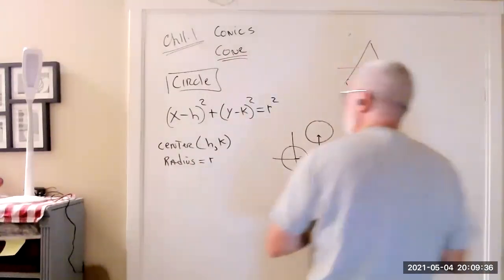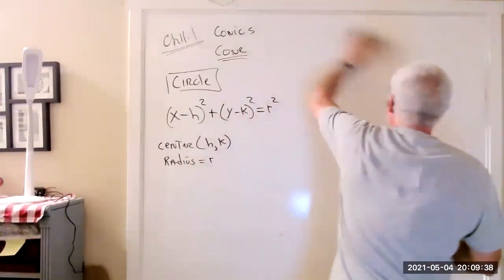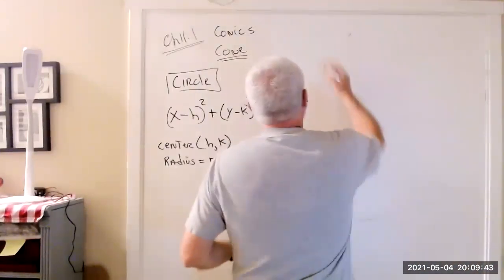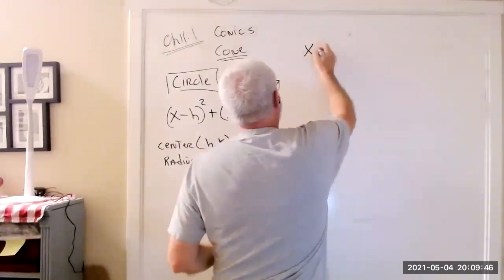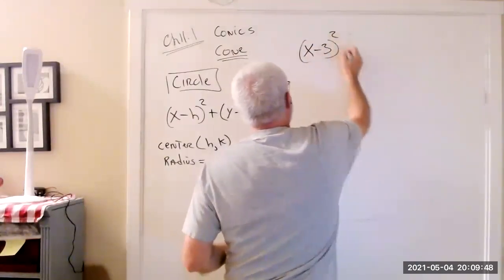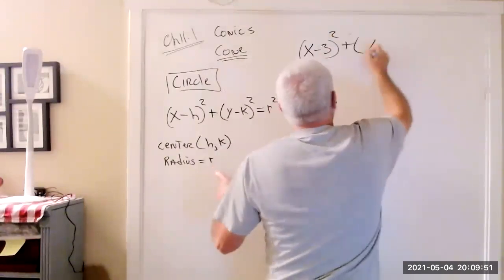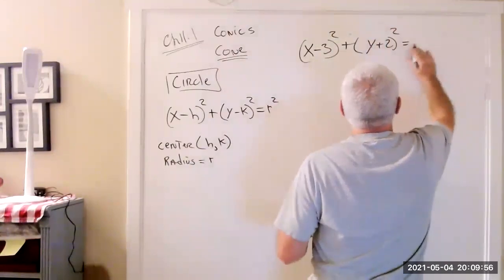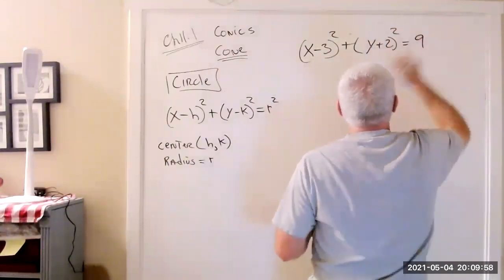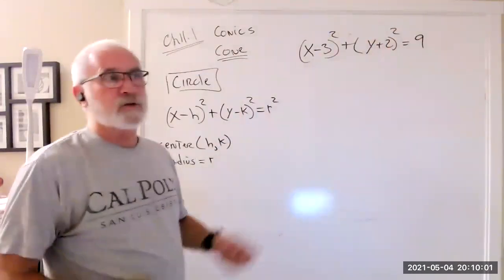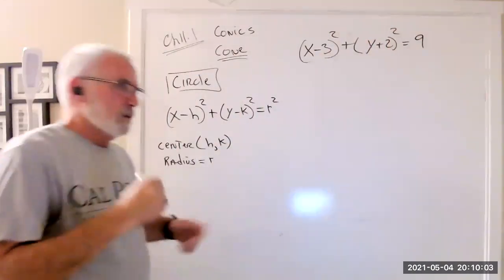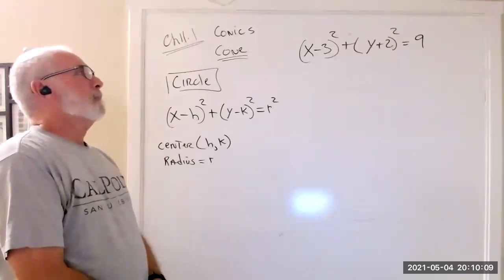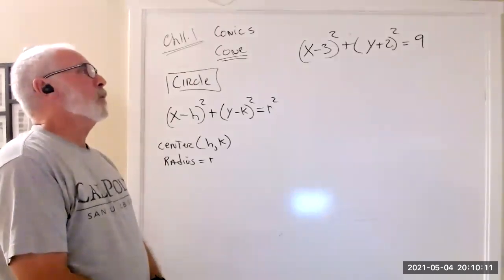Let's look at an example and have you guys kind of take it apart. Suppose I gave you x minus 3 squared plus y plus 2 squared equals, okay, I'll be a little bit tricky, 9.